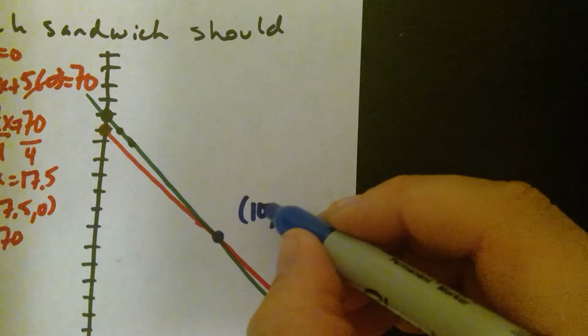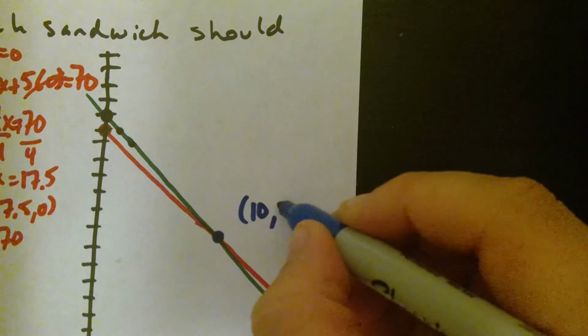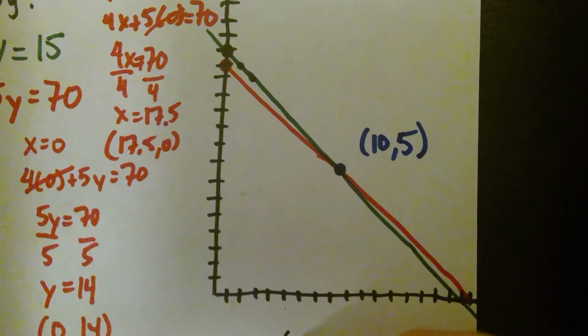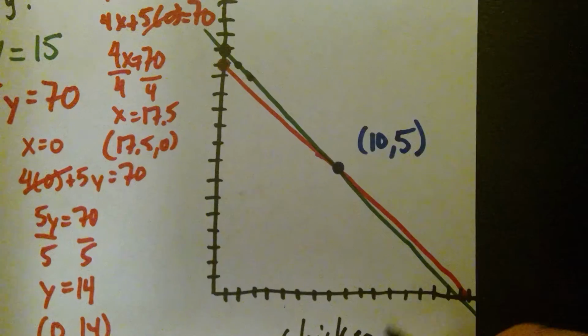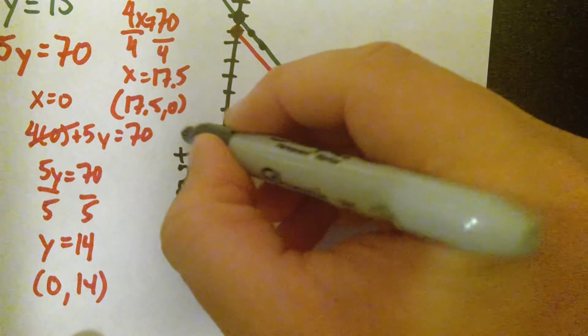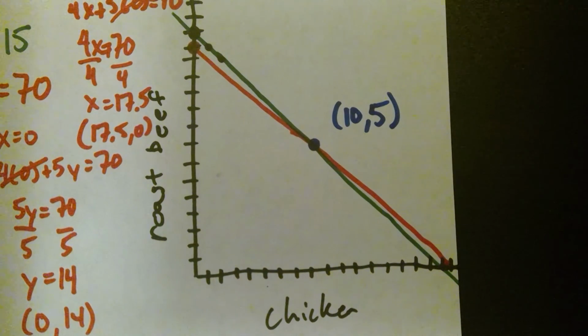I'm going to put it there. Okay. So (10, 5) is where I have them as being equal, because our x-axis is measuring the chicken, and the y-axis is measuring the roast beef. All right, so that is systems of equations.